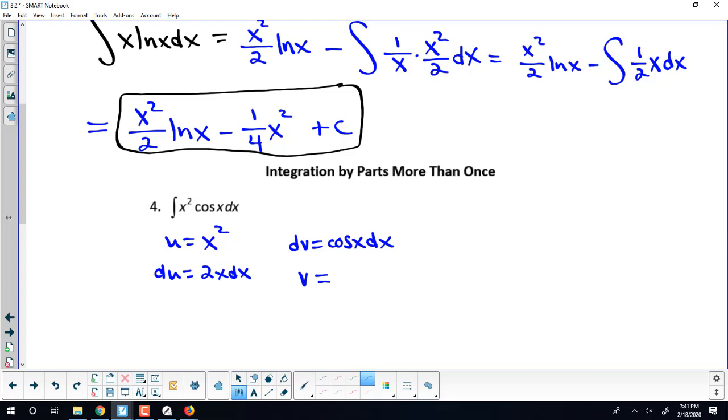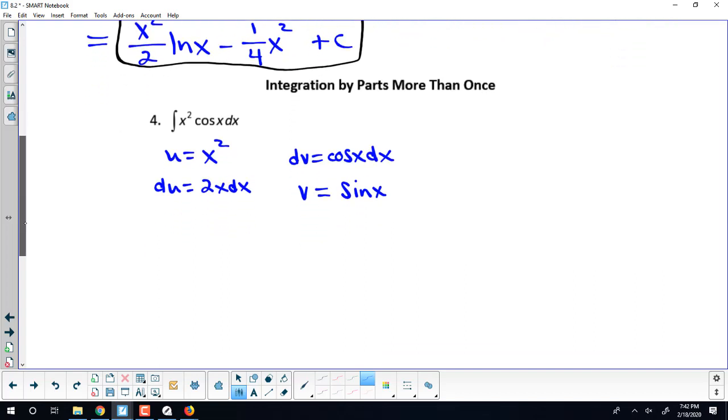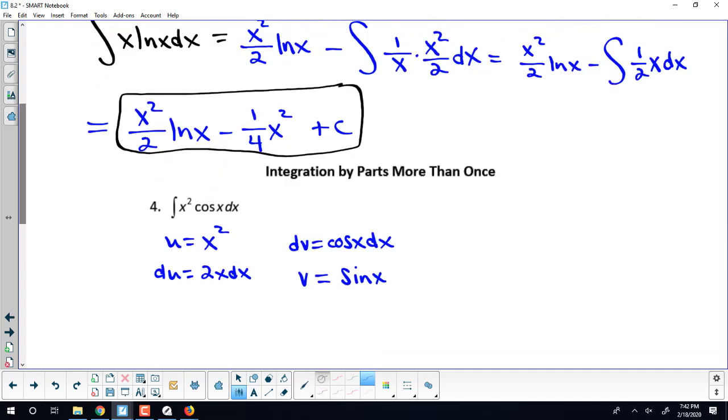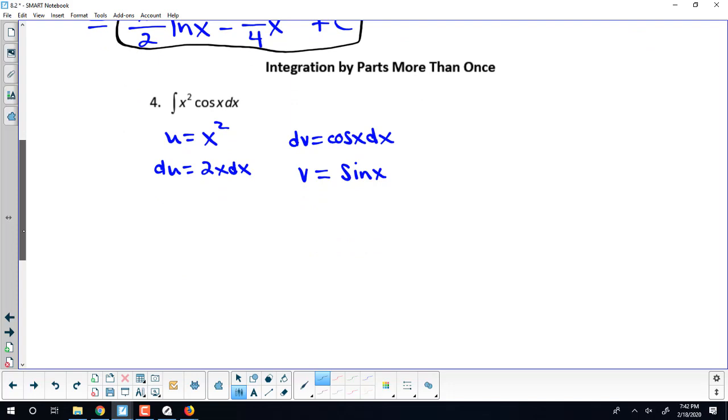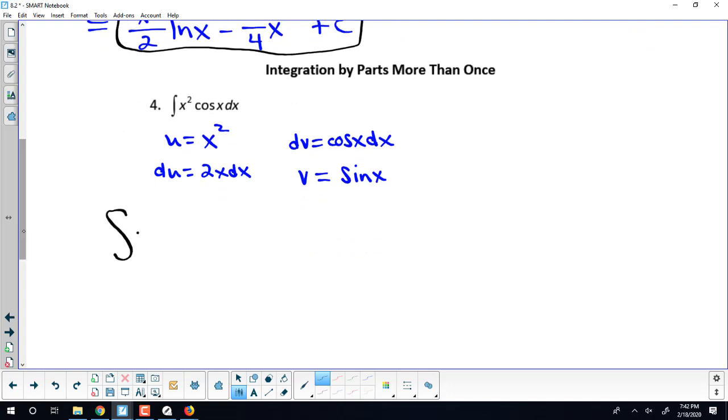It's the antiderivative of cosine, which is sine. So when we go through this once, our original integral x squared cosine x dx is u times v minus the integral of v du.